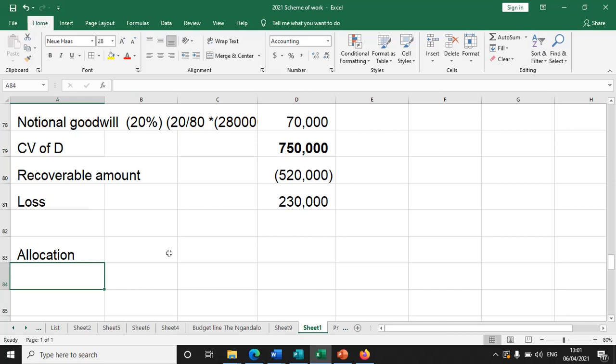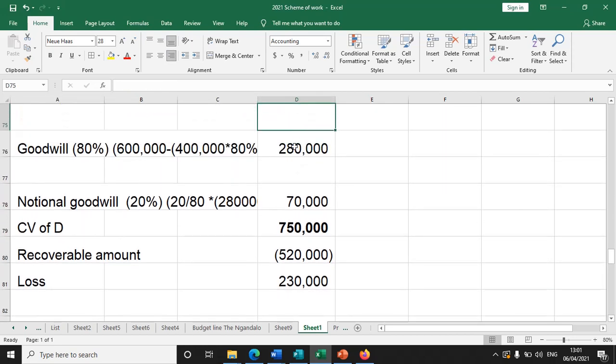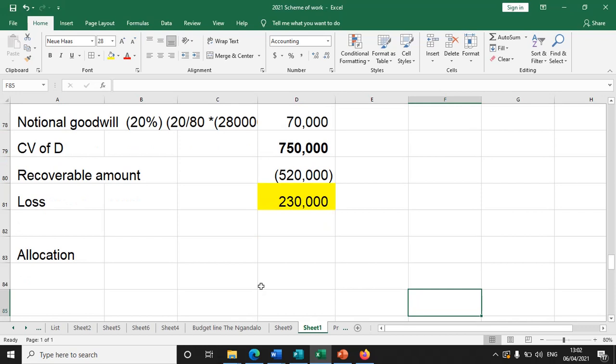Then we shall remain with, remember that, let me just go to the goodwill. Our goodwill here is standing at that amount there, that is 1280. Then the impairment loss is standing at 230. So what will happen is that the parent is going to have to get its share of this particular loss.